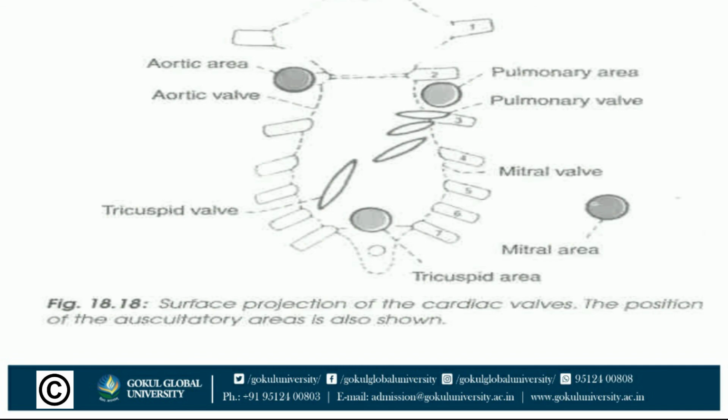Mitral area: an oblique line 3 centimeter long behind the left half of the sternum, opposite the left fourth costal cartilage, that is mitral area and cardiac apex.